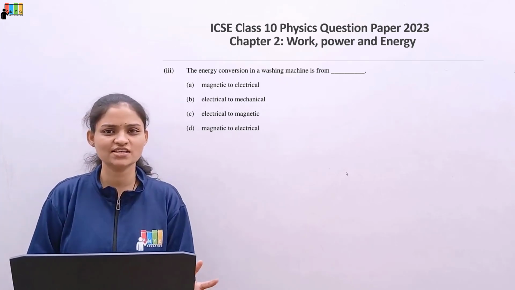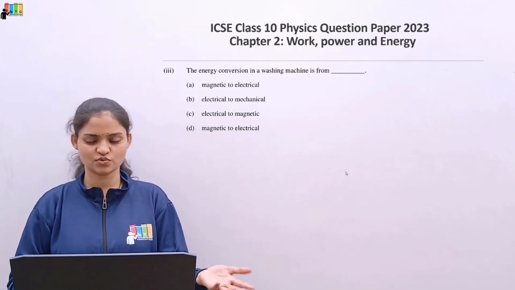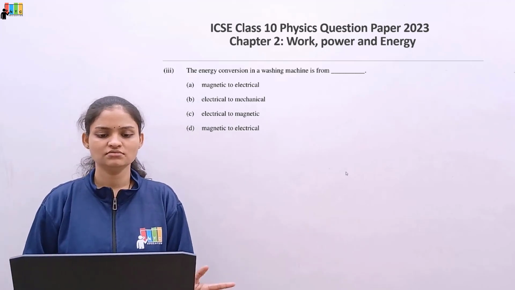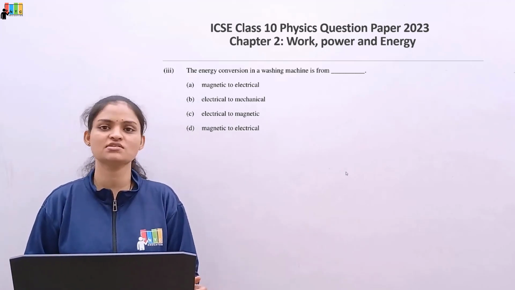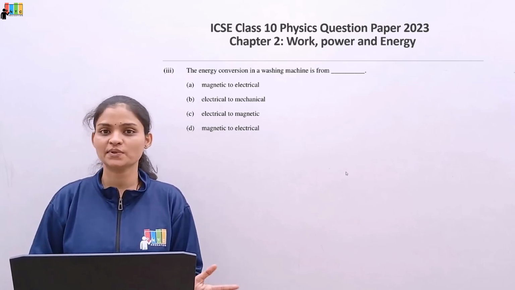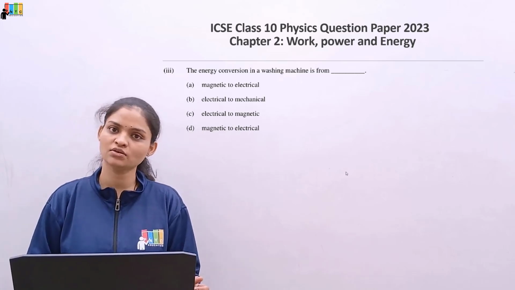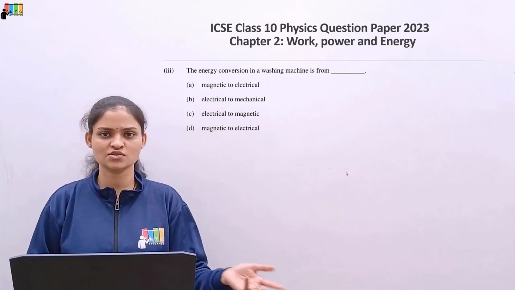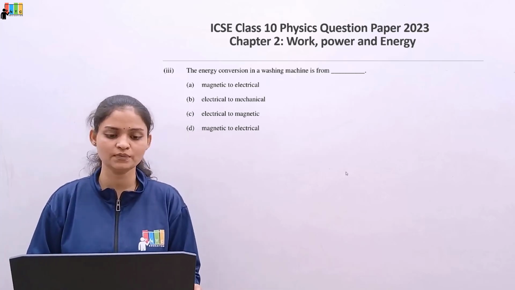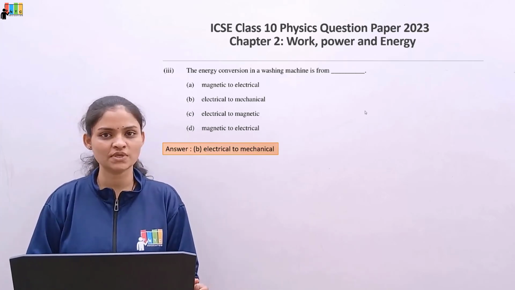This question is very simple and theory based. Almost everyone has a washing machine at home. So what is the principle behind the working of a washing machine? There is obviously energy conversion. So what is the working principle?